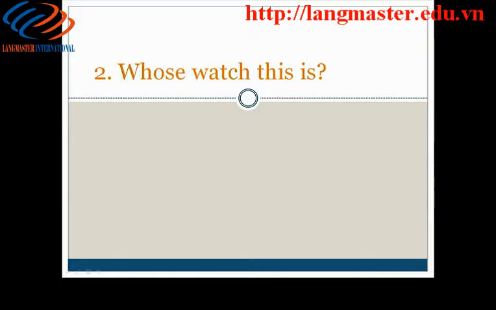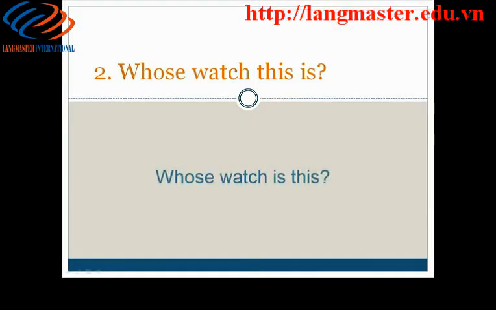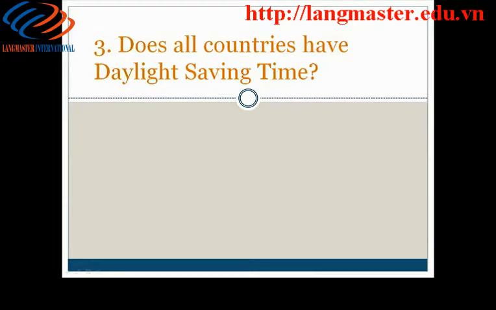2. Find the mistake and correct it. The mistake is with the word order. We need question word order, so we need verb plus subject. The correct question is, whose watch is this? 3. Correct the mistake.